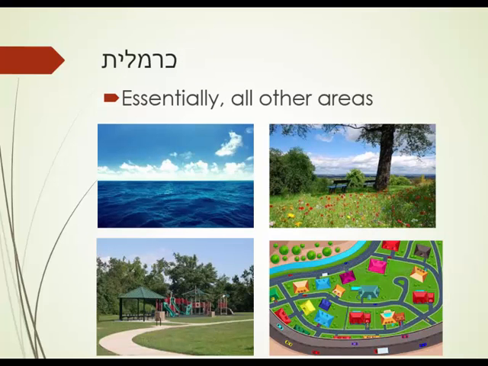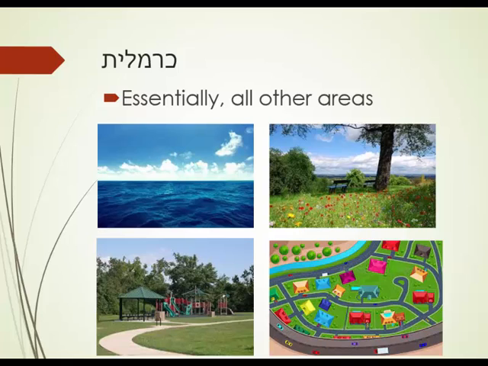Finally, a Carmelit is essentially all other areas. And as you look at these areas, you notice that if they don't have all the criteria of Reshut HaYachid, they're not fenced in. They also don't have all the requirements of a Reshut HaRabim. Sometimes in terms of their ownership, sometimes because of the number of people who traverse these areas, or in terms of their width.